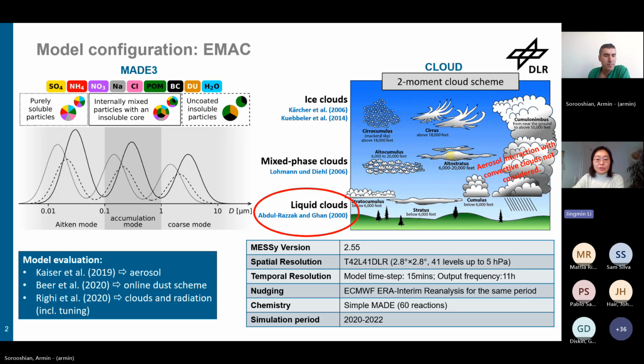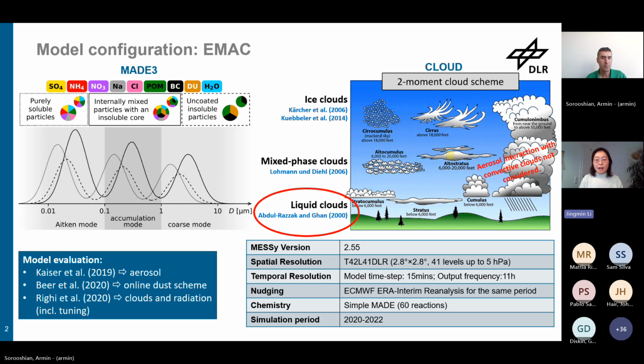Okay, so we are using a global general circulation model, EMAC, for our simulation. That's in the title. Our aerosols are simulated with one aerosol submodule, MADE3, on the left. This MADE3 can explicitly simulate 9 aerosol species distributed in 3 particle mixing states and in 3 different size classes.